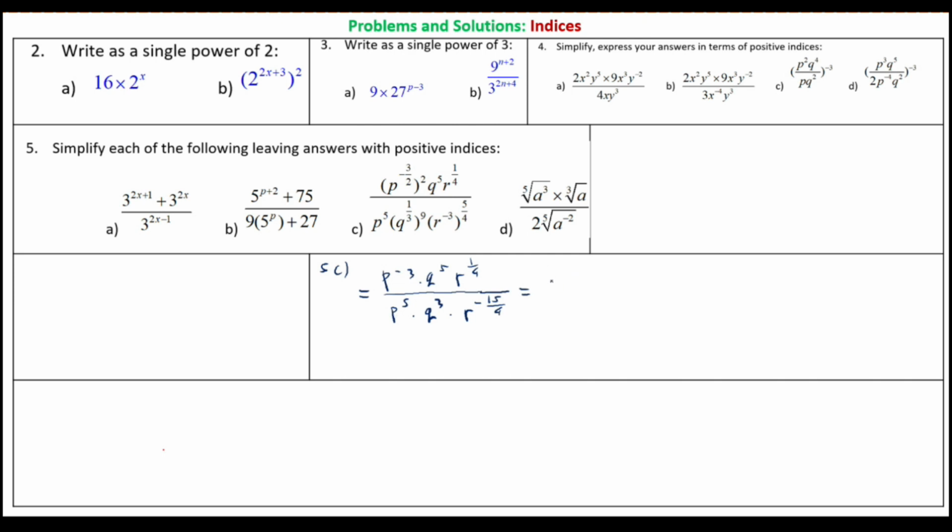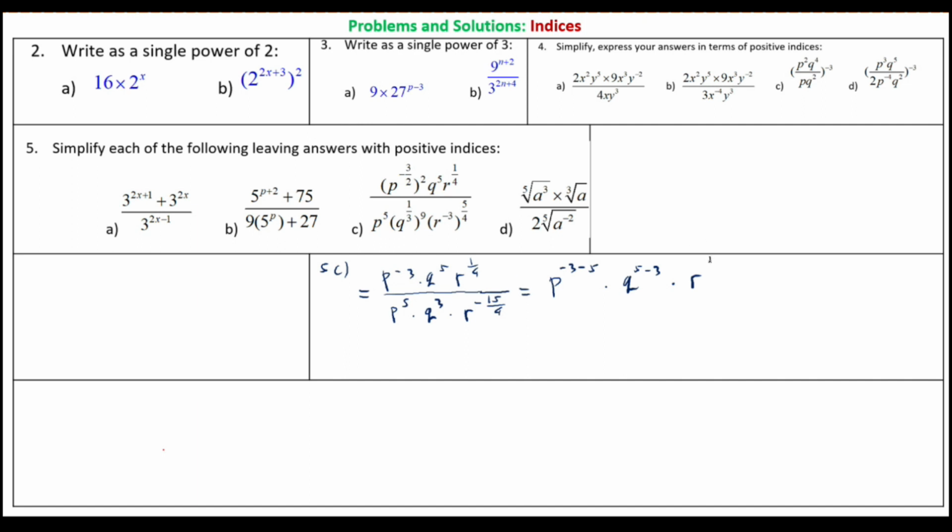So we have here p to the power of minus 3 minus 5, times q to the power of 5 divided by q to the power of 3, so q to the power of 5 minus 3, times r to the power of 1 over 4 minus 15 over 4.